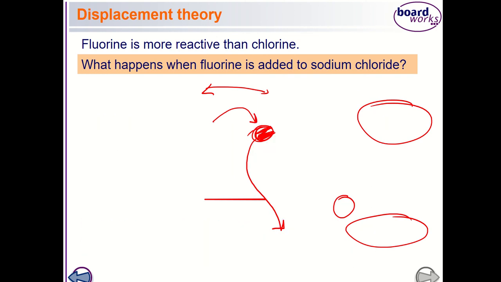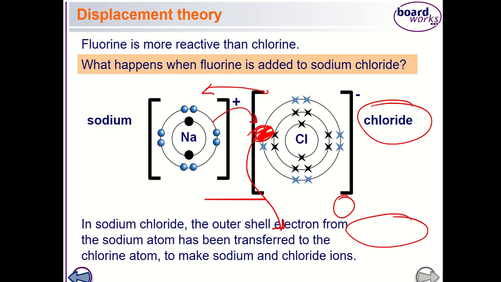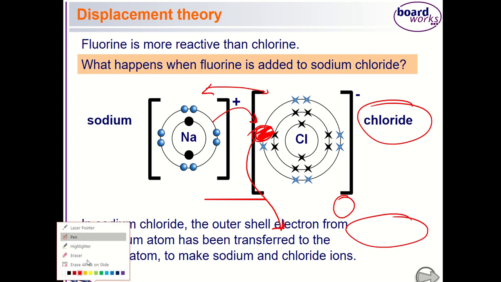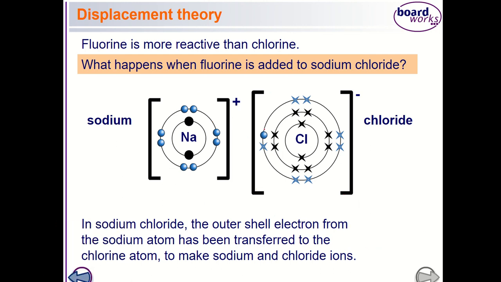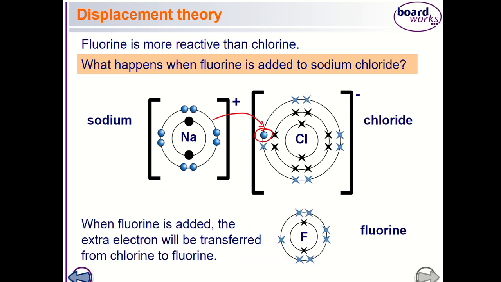Okay, so we'll just go over that again because I think some people will find that a bit tricky. Originally this electron has come from the sodium and I've got sodium chloride. I bring fluorine into the equation, which has got fewer shells and a greater attraction for this electron.